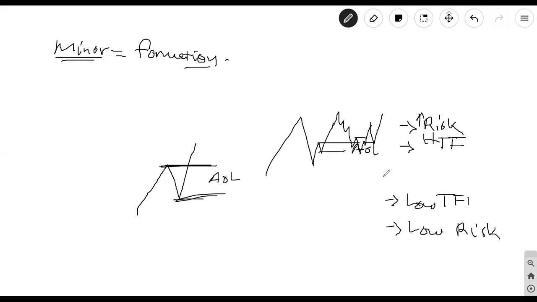Now, these formations, we have types of formations. Those types are as follows.